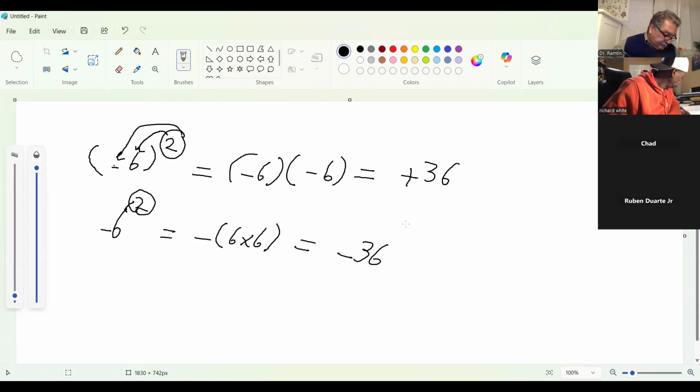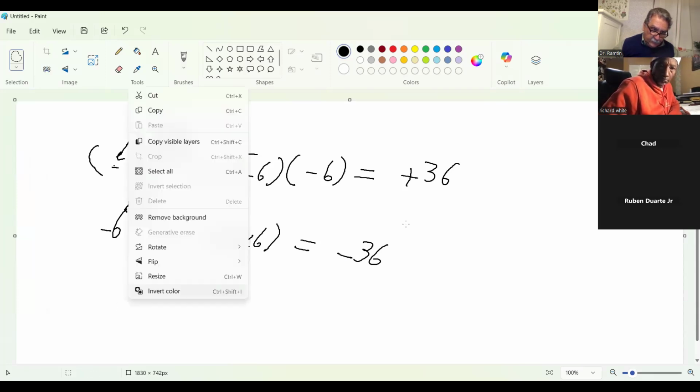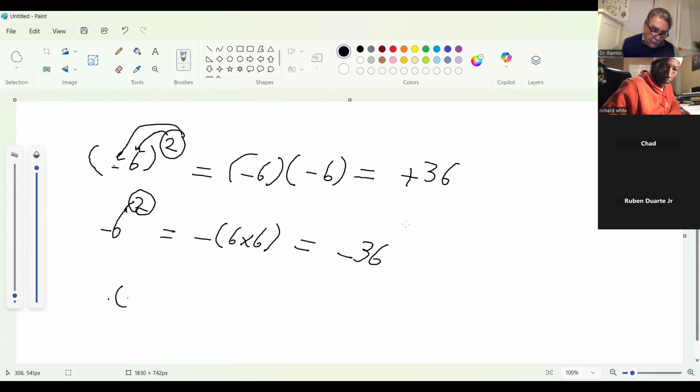Or look at example C. If I have parentheses, minus 5 to the power of 3. So this 3 applies to both the sign and the number. It means minus 5 times minus 5 times minus 5.